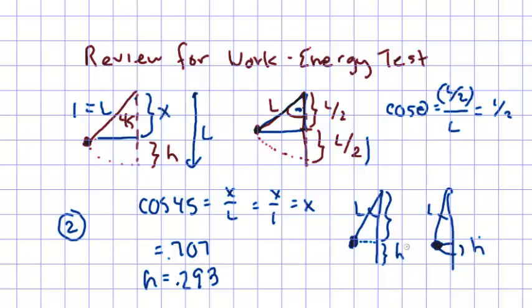And then if you can compare those two heights, you can compare the potential energies, the MGHs of each. Okay? So on question 2, you need to get the heights in order to compare how much potential energy each has. All right, let's move on to question number 3.